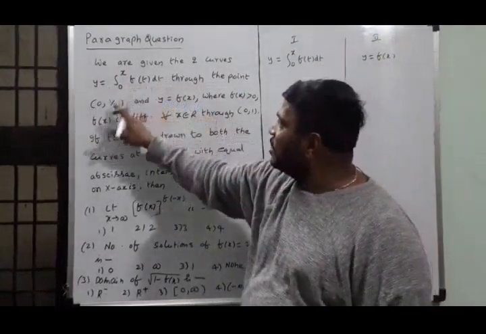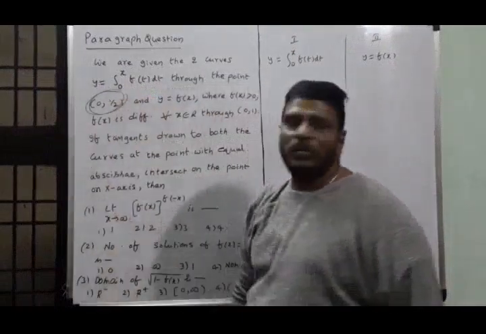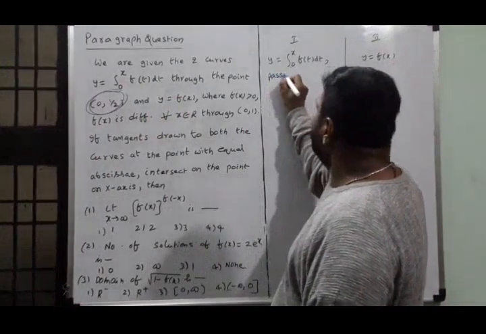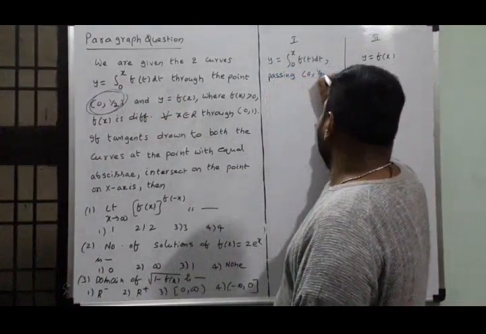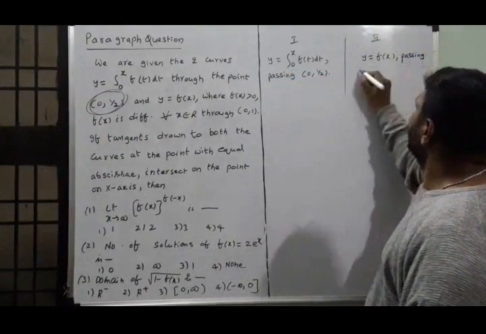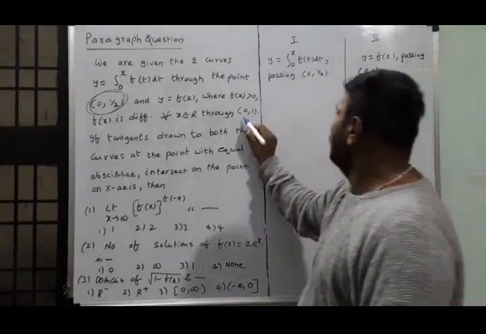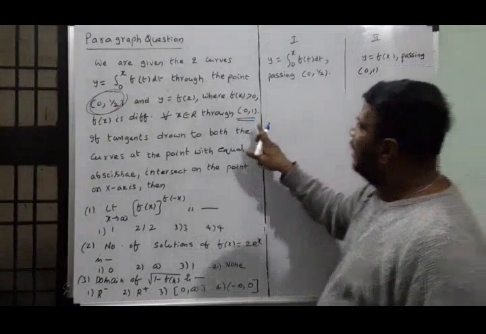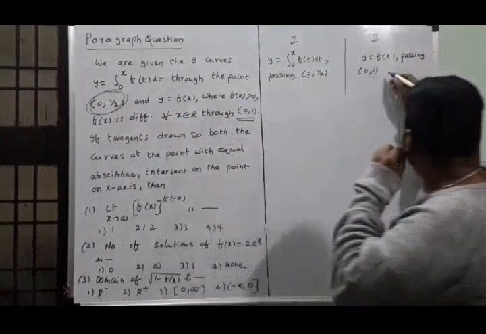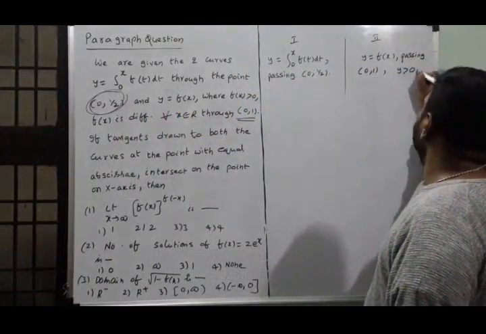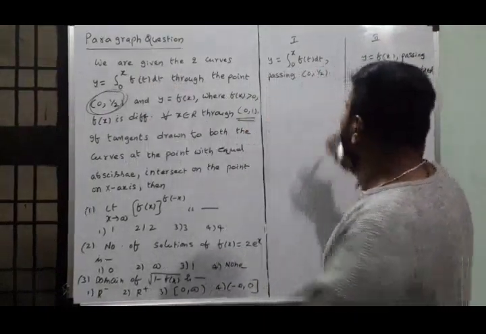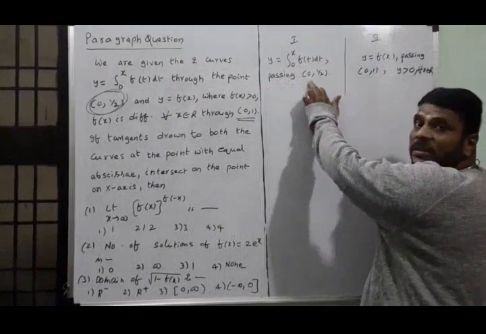Now the first curve passes through the point (0, 1/2). The second curve passes through (0, 1), and f(x) is always positive and a differentiable function, y > 0 for all x belonging to R. So two curves are given, and they pass through two different points.